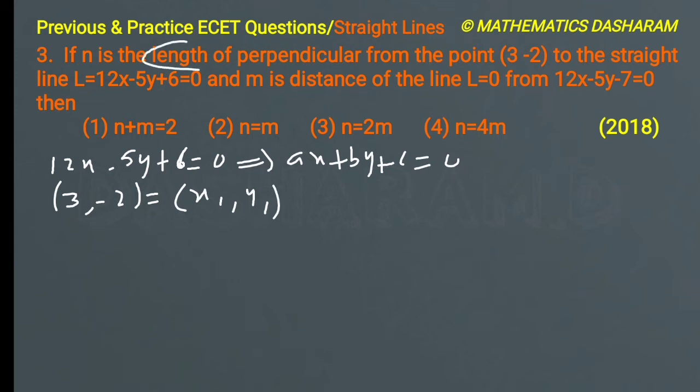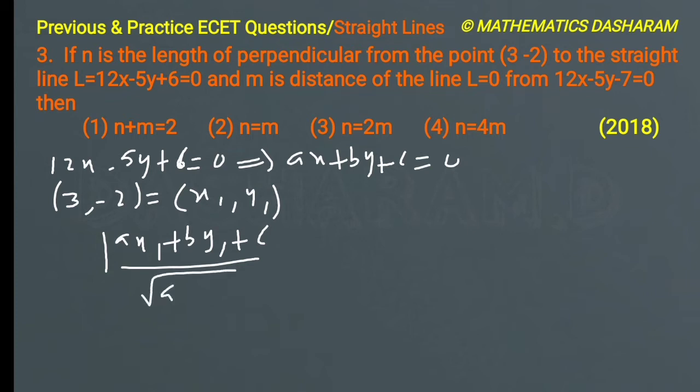So the length of a perpendicular from this point to this line, the suitable formula is mod of ax1 plus by1 plus c divided by under root a square plus b square, and this length is denoted with small n as per the question.